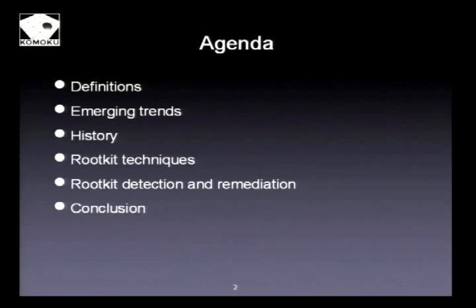Rootkits are actually rather old in terms of their heritage, although they're just now coming into prominence. Jamie's going to talk about some of the different rootkit techniques that are out there, at an overview level. We'll talk about detection and remediation, again at a high level, some of the problems that you have with both, and then we'll finish it up and, of course, take questions.